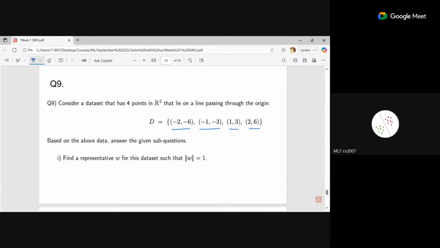Now, if these points are on a line passing through the origin, you need to find a representative for this data set such that the norm of W is equal to 1. Again, various answers are possible, so please feel free to give your answer in the chat.